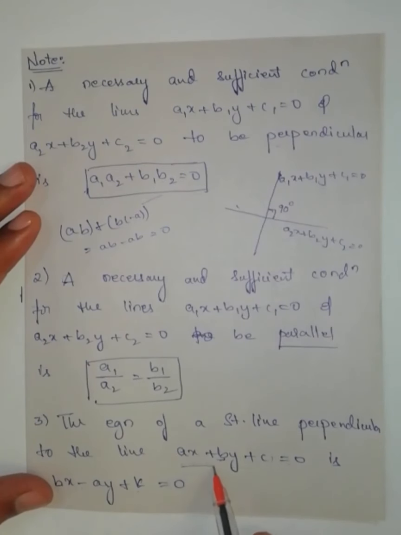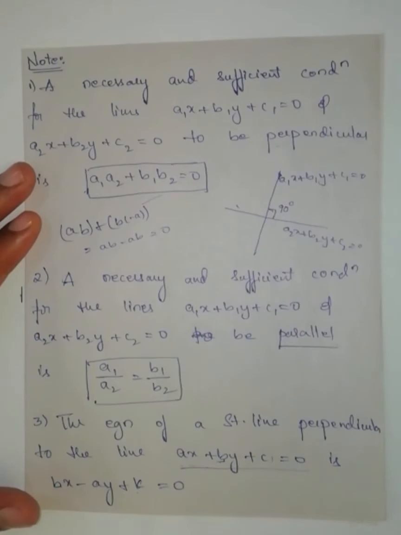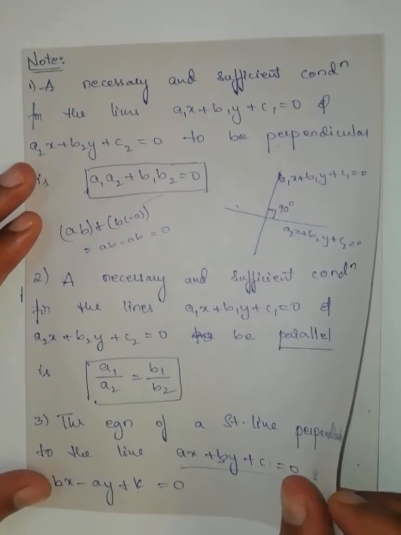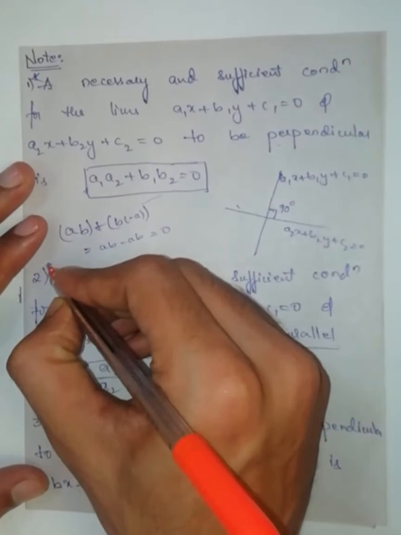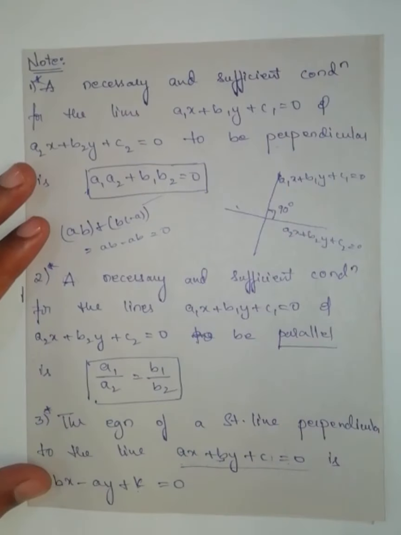If I am given any straight line and asked for a perpendicular line, then directly using A, B and C, I can tell the perpendicular line, that is Bx minus Ay plus K, where K is any constant. These are the important formulas we are going to use to solve the problems.